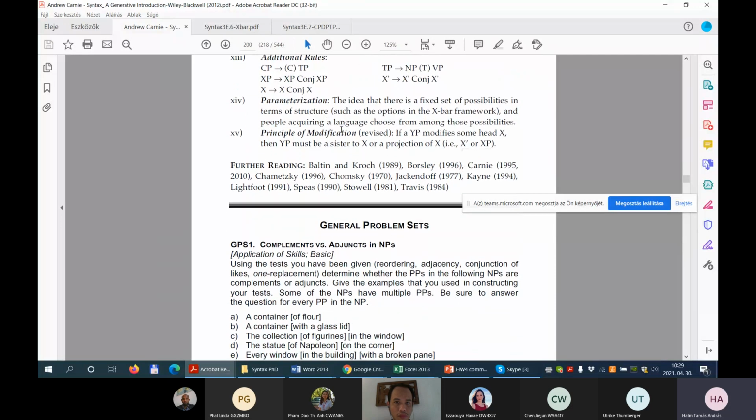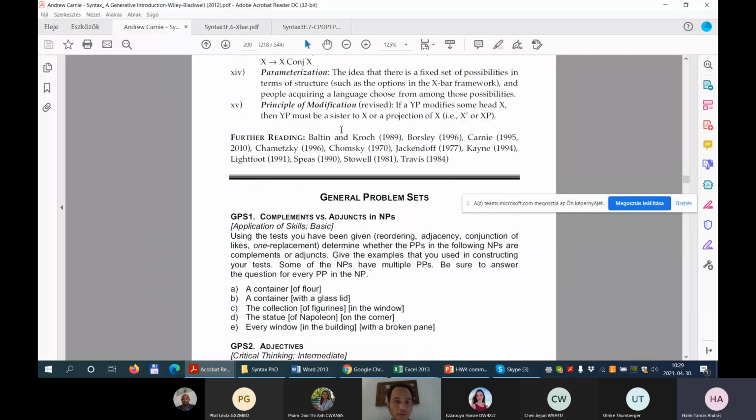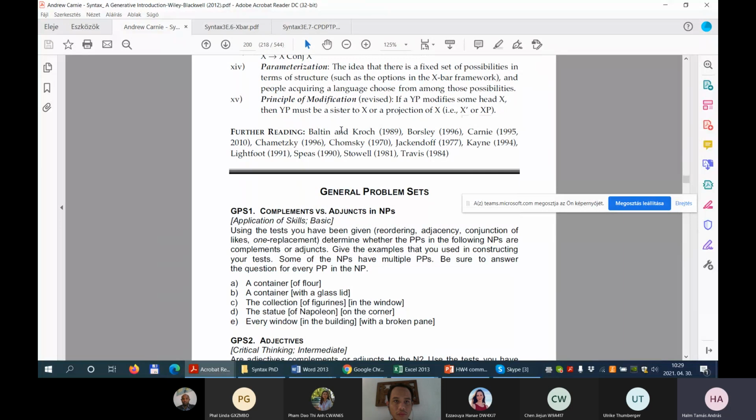Your job was to check the clauses in the phrases in the brackets and decide whether they are complements or adjuncts, and you had to do this using a couple of the tests we discussed in class and in the book. So who would like to take A and B?